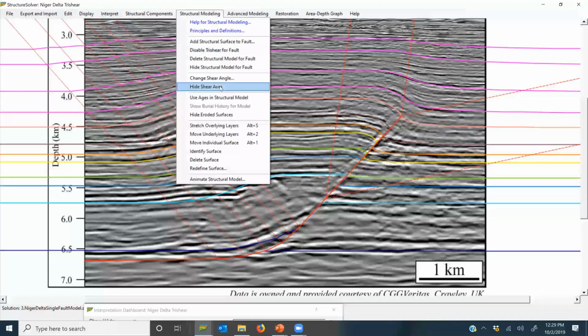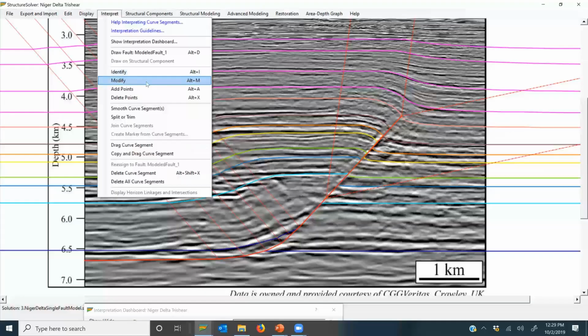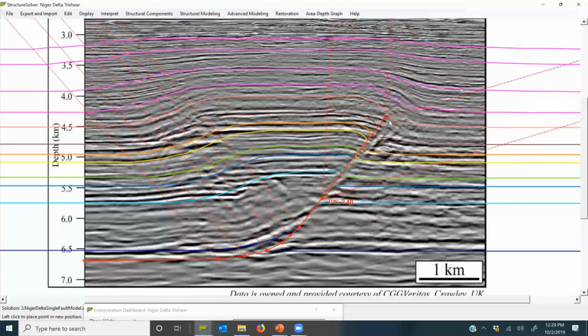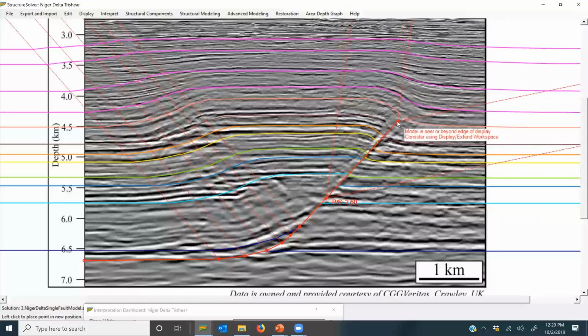The general approach has been covered in other presentations, but essentially what we've done is create a forward model that fits the seismic data by adjusting the fault tip using a trishear algorithm. And so we've played around with the location of the fault tip as well as the total amount of displacement on the structure in order to create a forward model that fits the seismic data as closely as possible.